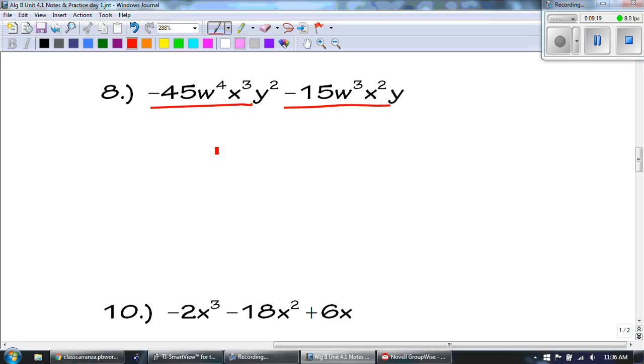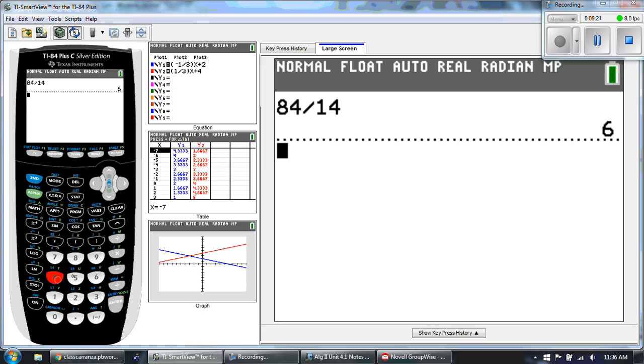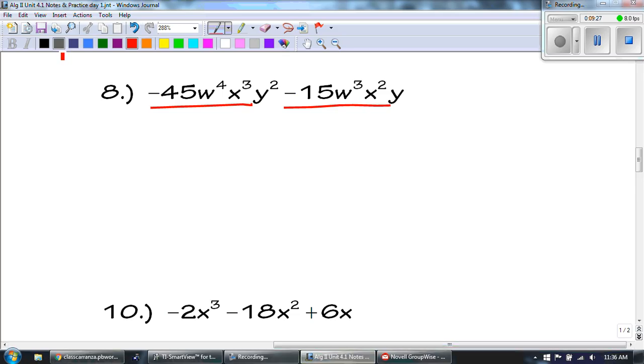All right, the first thing I want to check, does 15 go into 45? Always check, does the smaller number go into the rest? And it does. All right, our GCF, or our number leading coefficient, is negative. So the 15 is going to be negative. Now, let's just look at variable by variable. They both have w's.